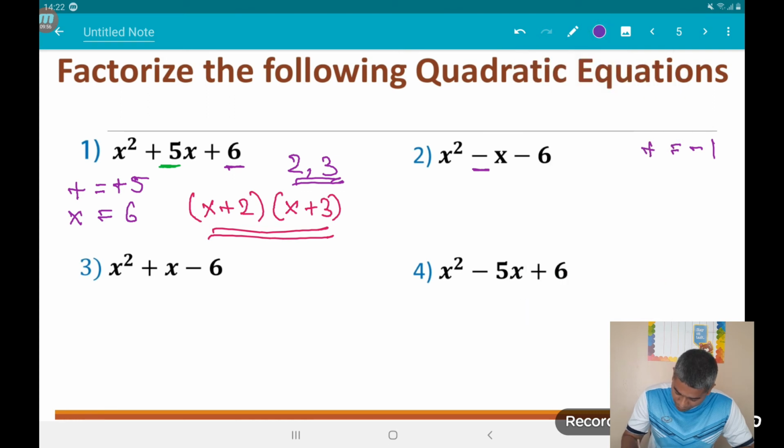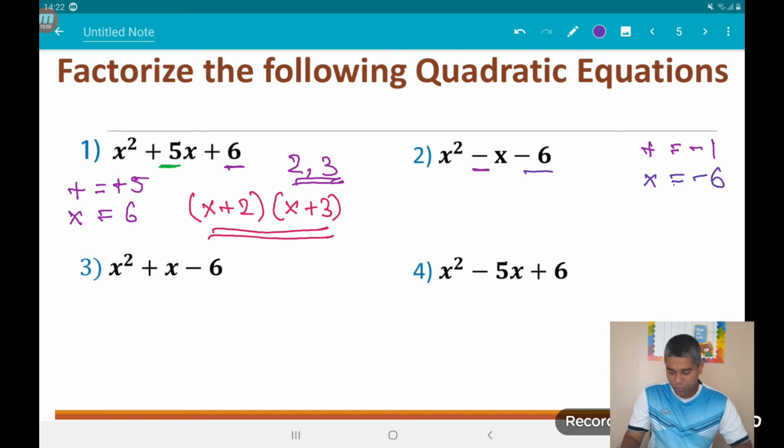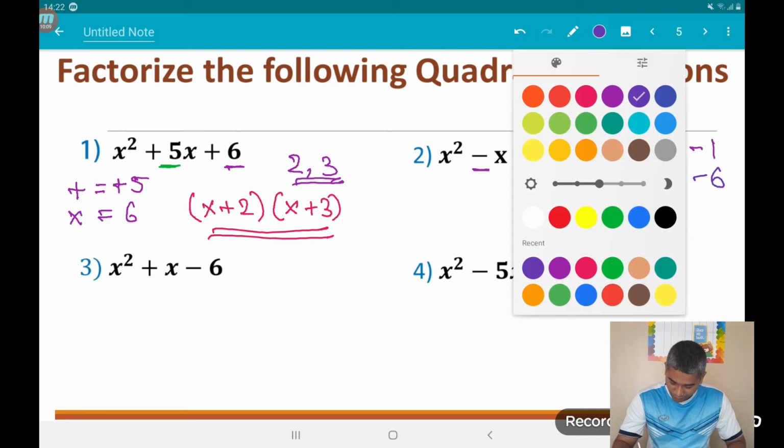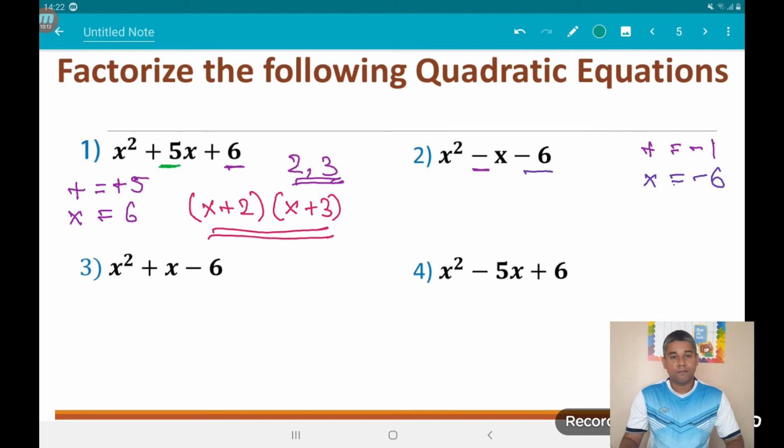The product should be minus 6. Can you find two numbers like that? What are the numbers? The numbers are minus 3 and positive 2. Am I right? Minus 3 and plus 2. So these are the numbers.